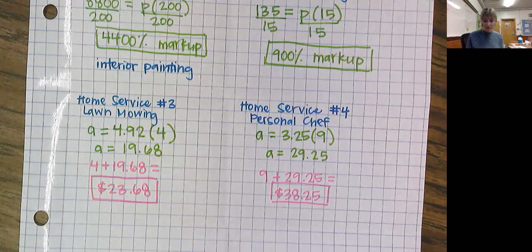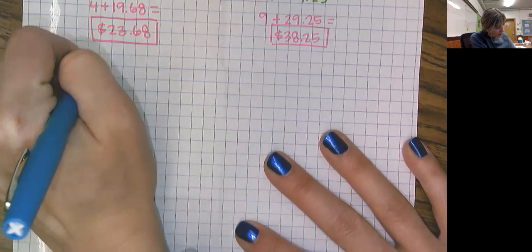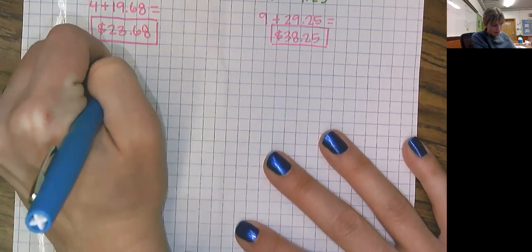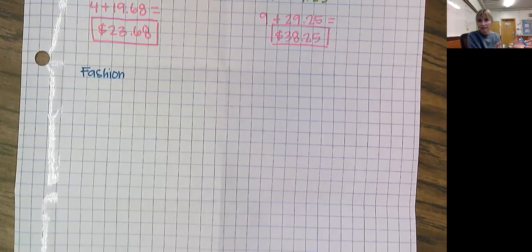Now, I'm going to have you fill out the rest of this paper so you know the other areas. So home service is one area with really big markups. Another area with really big markups is in fashion, which means it costs them this much to make this pair of jeans, but then they stick this designer label on it and they charge you this much, which is always a lot more than what it costs them to make it.